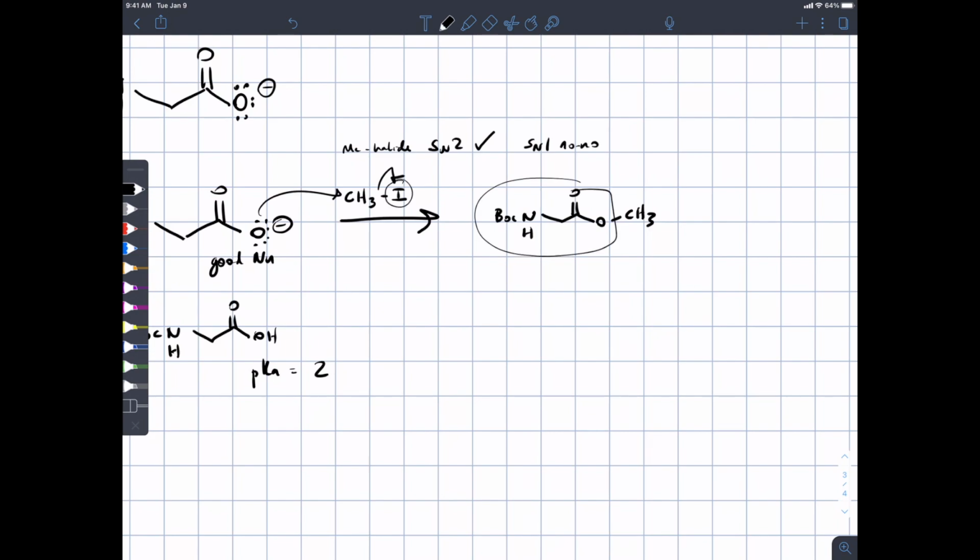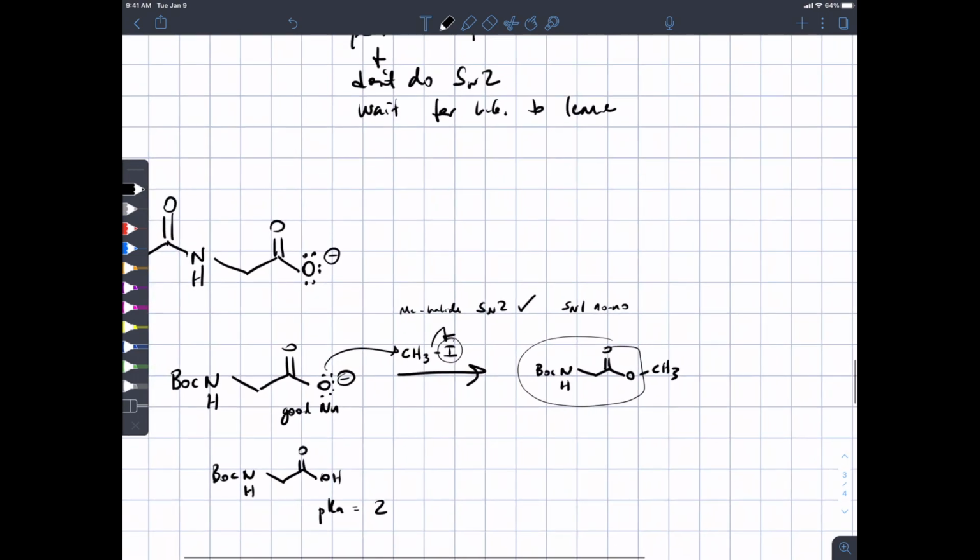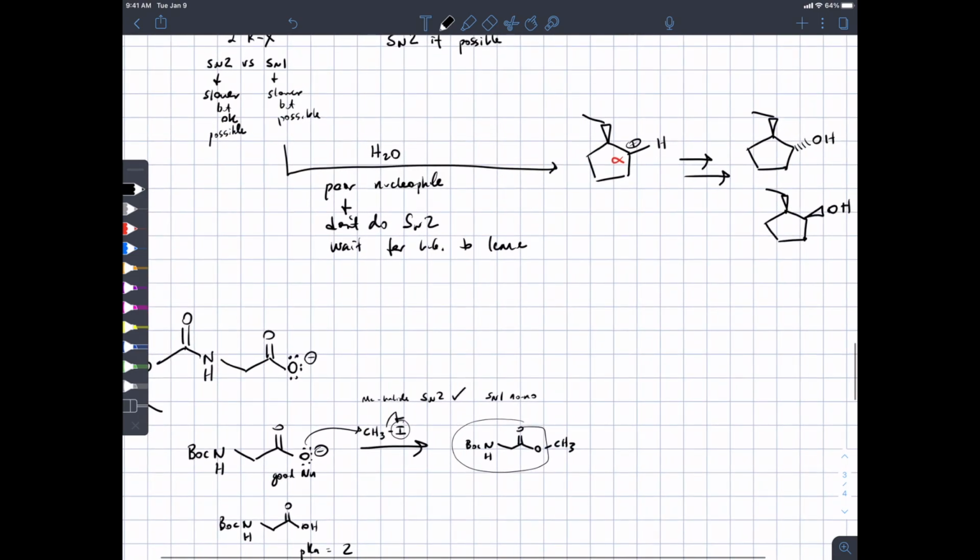So yeah, anything that's basically above pKa of 0, you're good to go as a nucleophile.